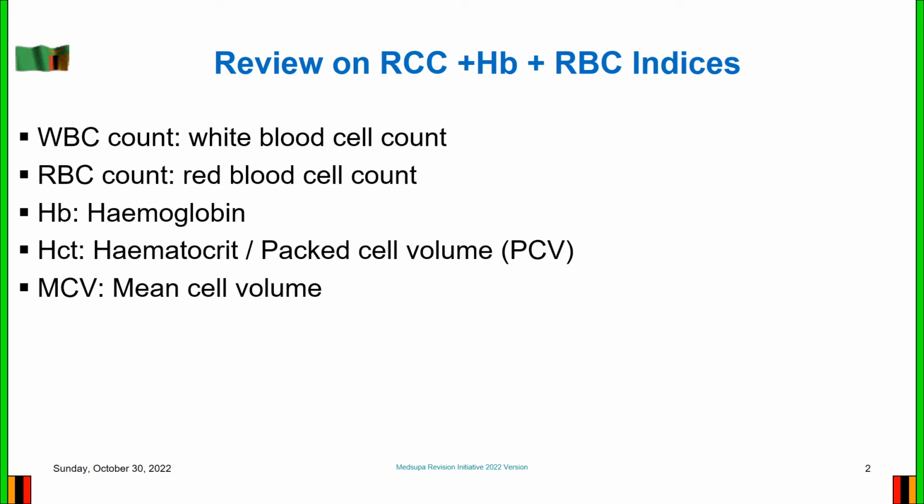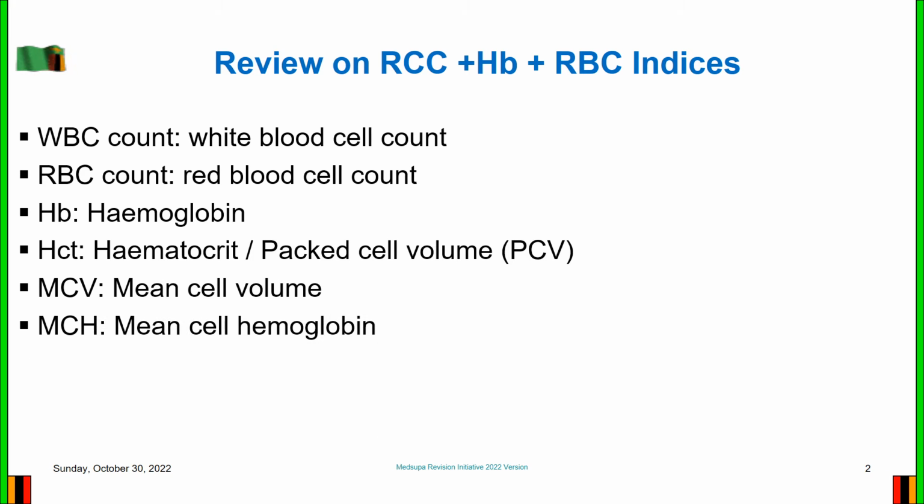The mean cell volume talks about the size of the red blood cell. It's very important to know the normal range of mean cell volume, especially since we are going to discuss the classification of anemia.